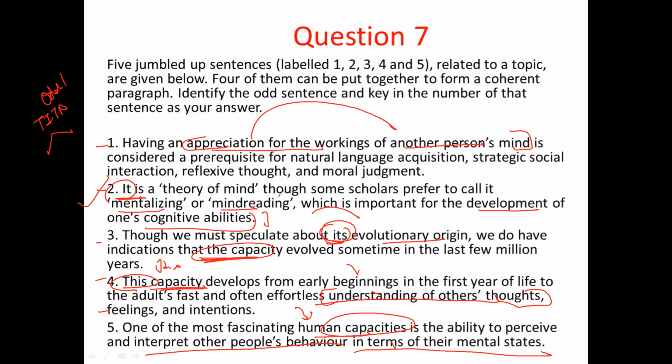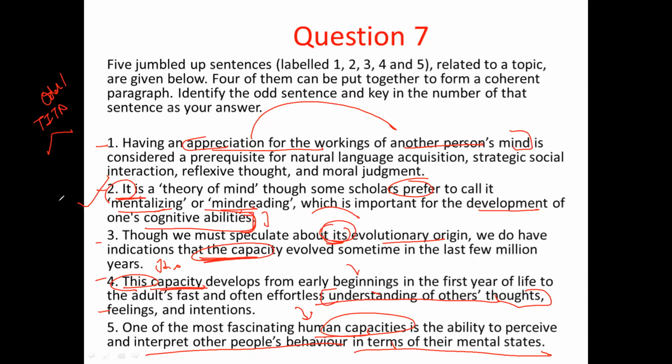It incorrectly refers to the capacity as a theory of mind. A capacity cannot be a theory. Again, when it says mentalizing and mind reading, there are no other sentences that elaborate upon those ideas. Moreover, it says it is important for the development of one's cognitive ability. So there are some issues here.